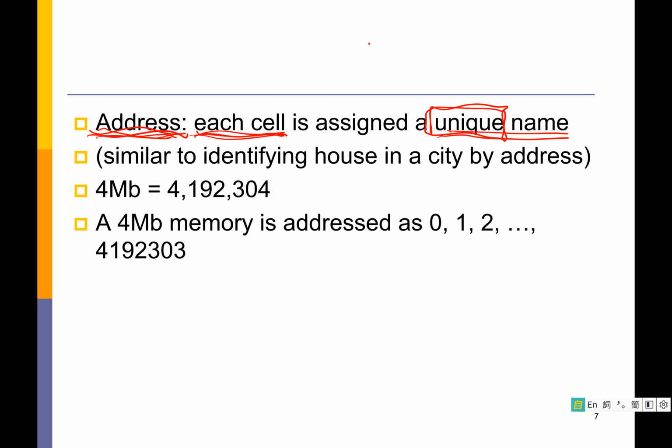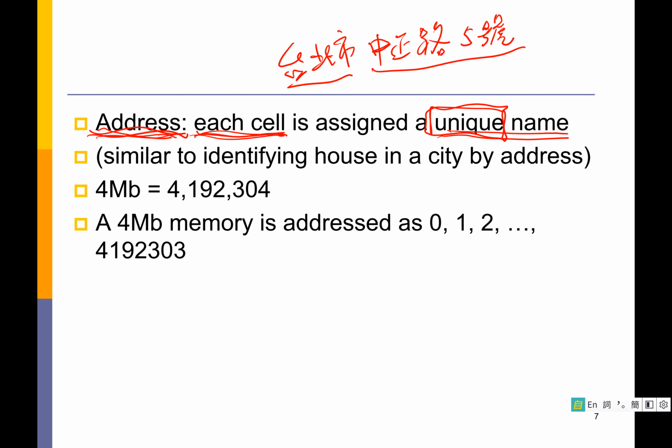Say your home is 台北市中正路5号. In 台北市, there's only one 中正路5号. It's a unique name; there's only one house or only one location called 中正路5号. So it's a unique name to represent a memory location.